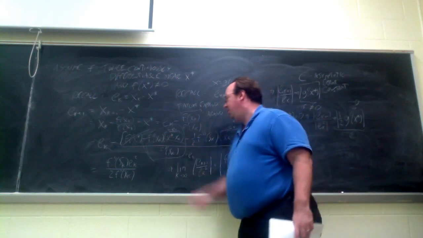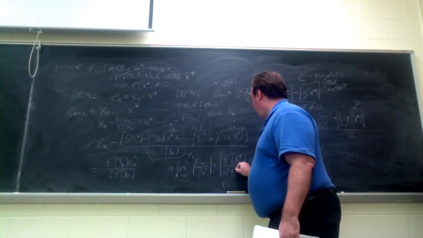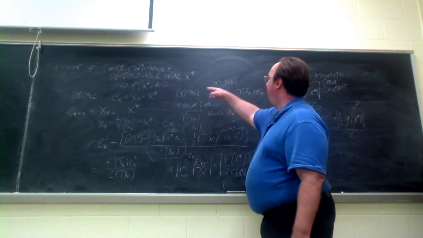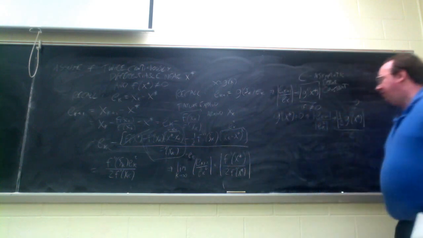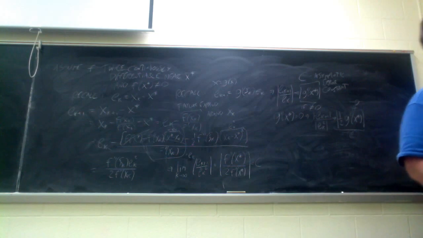So the numerator will converge to f double prime at x star over 2 f prime at x star, which is why I had to assume that it's non-zero. So this is your asymptotic error constant in that case.